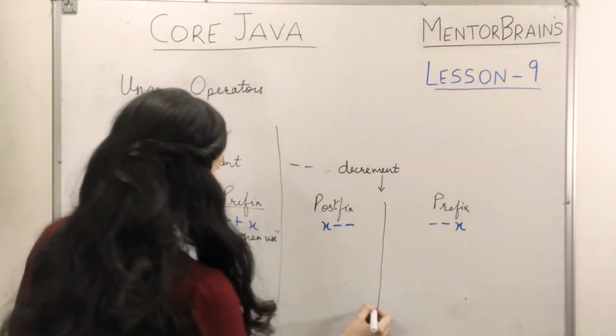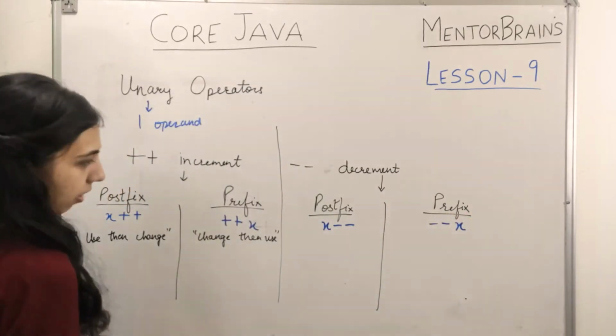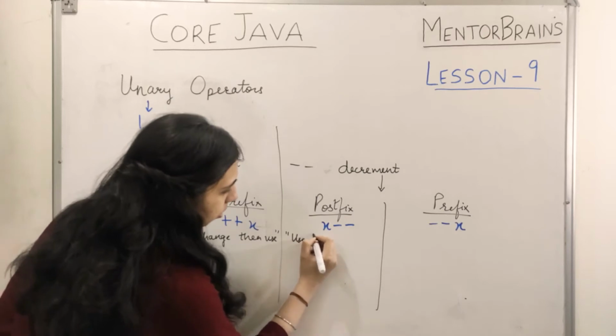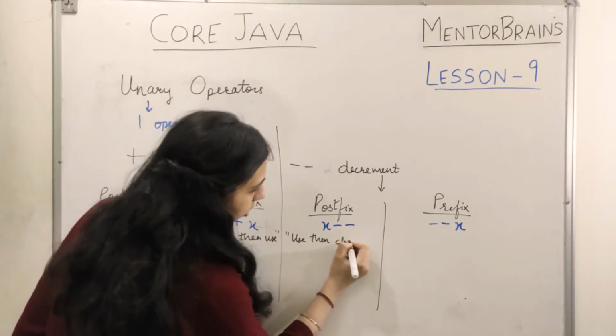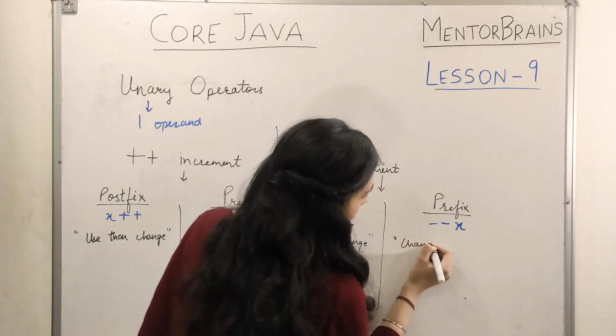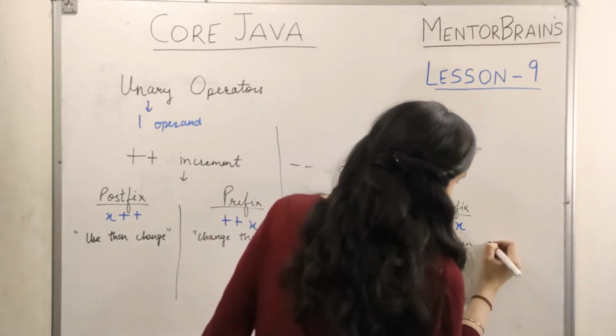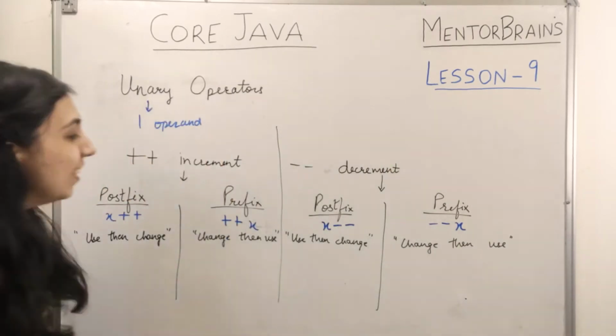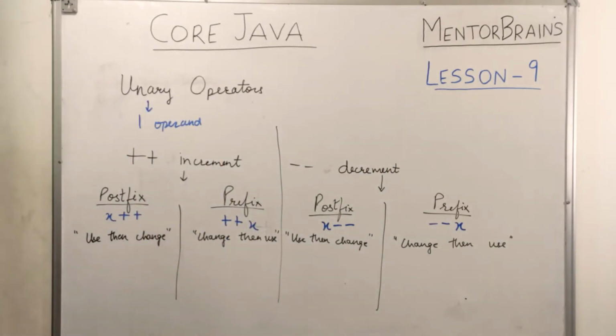Similarly, for the decrement operator, postfix and prefix have the same rules: use then change, and change then use. Now what do these two phrases mean?